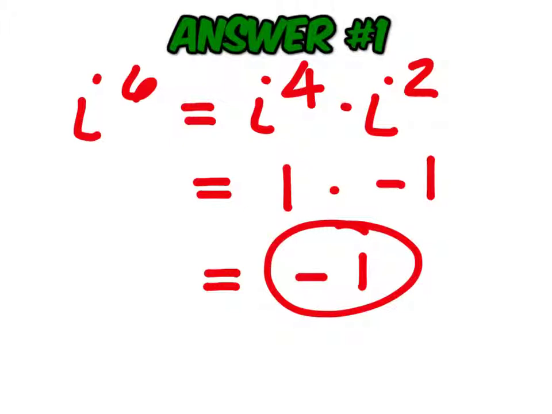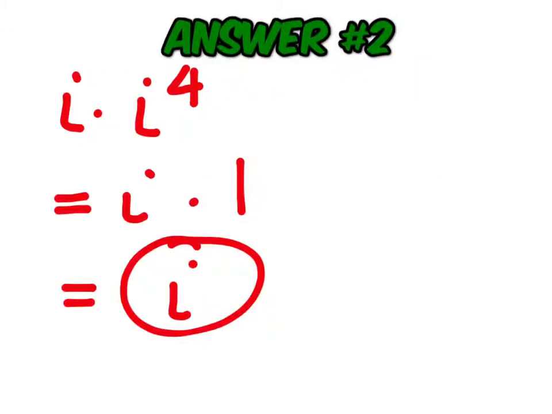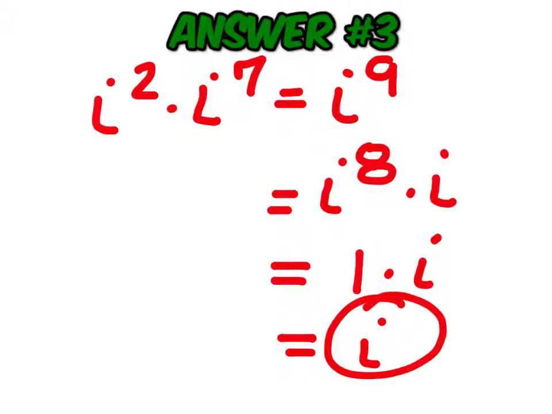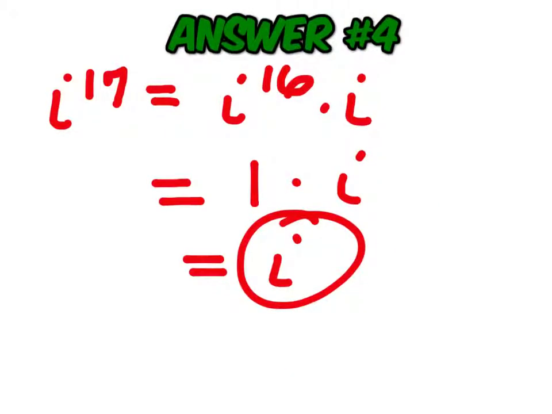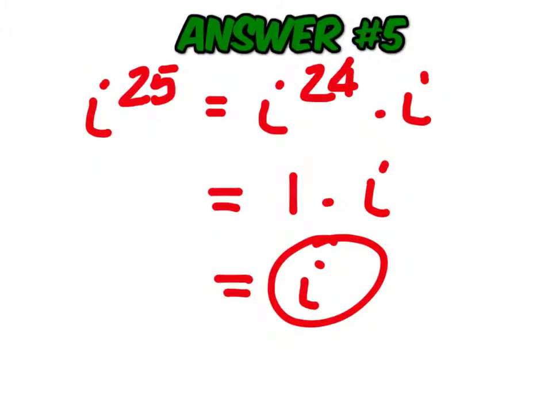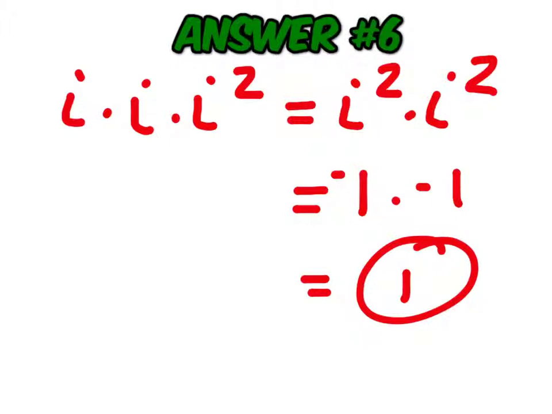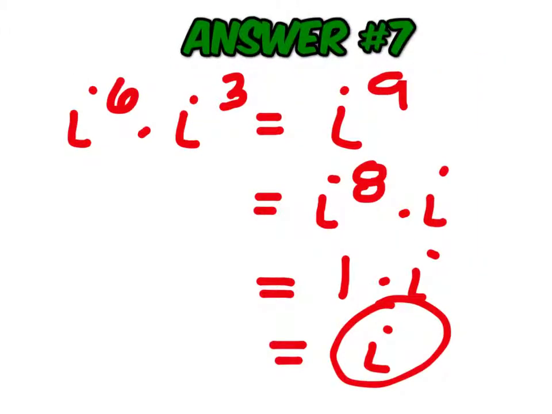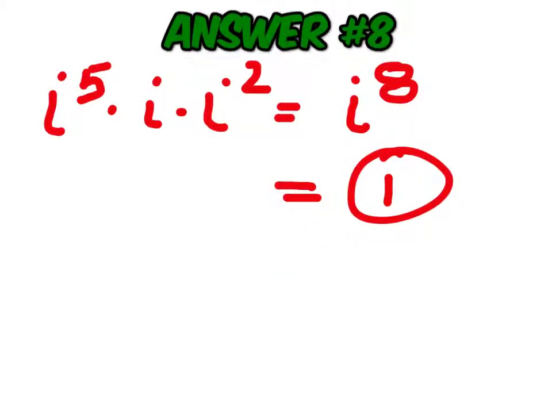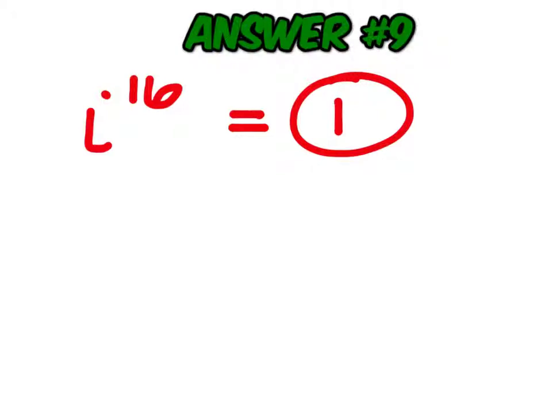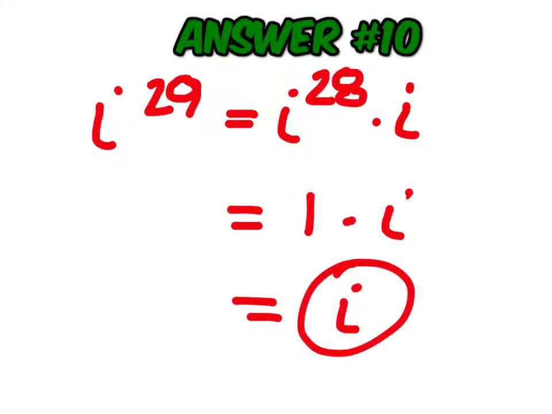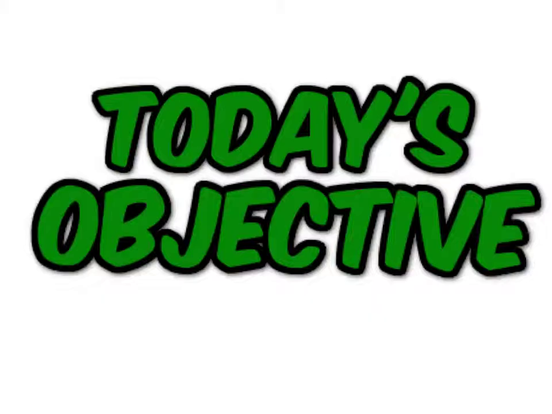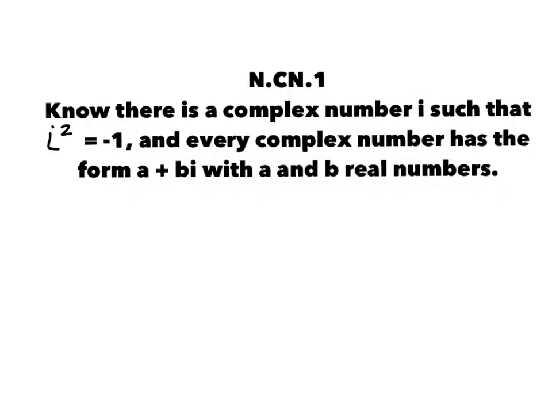So number 1 is -1. 2 is i. 3 is i. 4 is i. 5 is i. 6 is 1. 7 is i. 8 is 1. 9 is 1. And 10 is i.